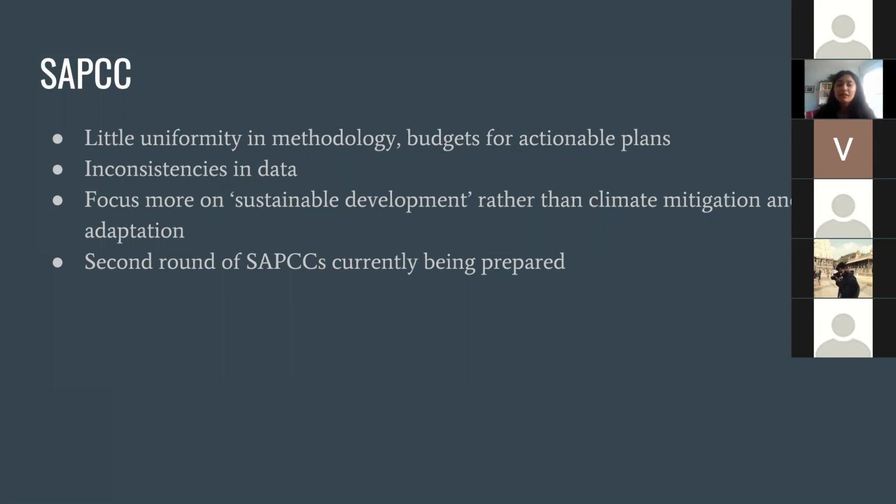And again, in the SAPCC also, what was seen was that there was very little cross-sectoral integration because they basically modeled it according to what the National Committee told them.